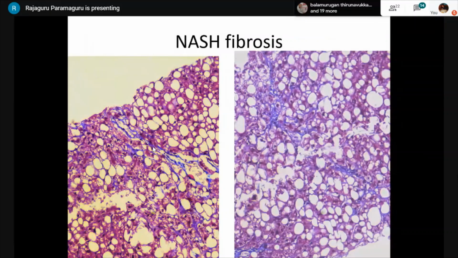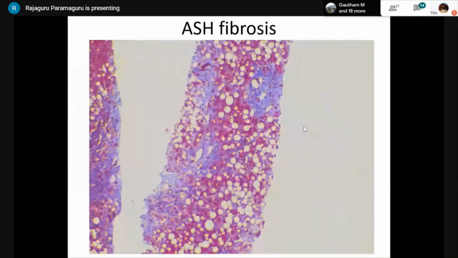The fibrosis is of a slender quality, so you are able to cleanly appreciate the trichrome staining this fibrosis, the collagen, which is so slender in nature and is surrounding each hepatocyte. So this is called pericellular fibrosis: perivenular slender fibrosis surrounding each hepatocyte. When we come to alcoholic steatohepatitis, the quality of the fibrosis is a bit different.